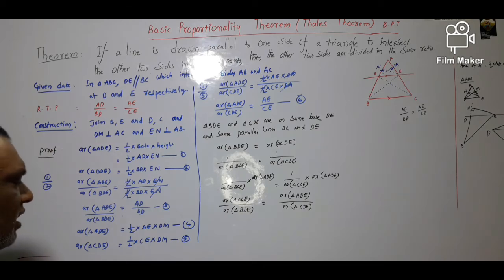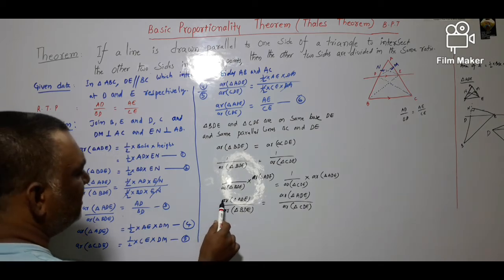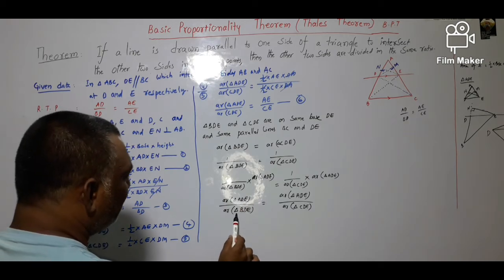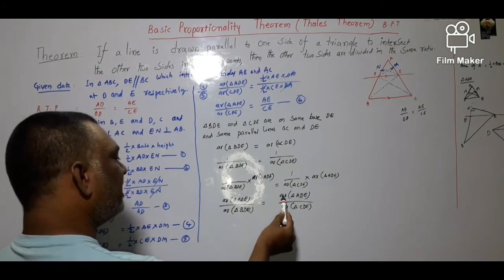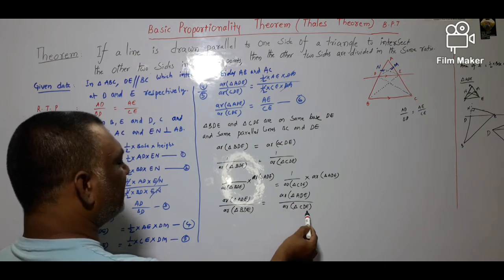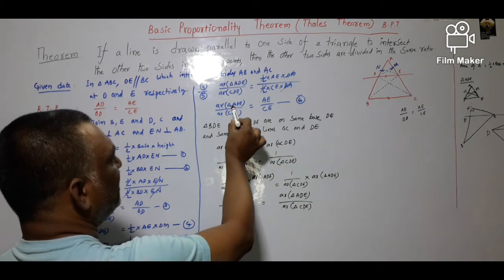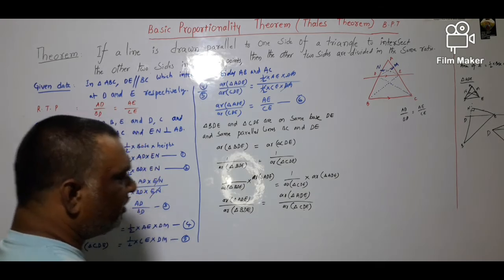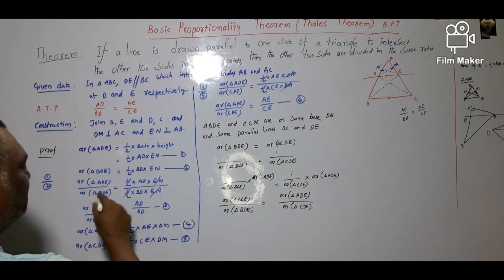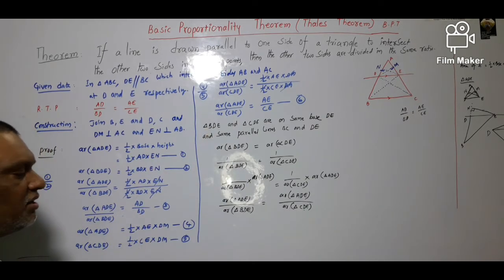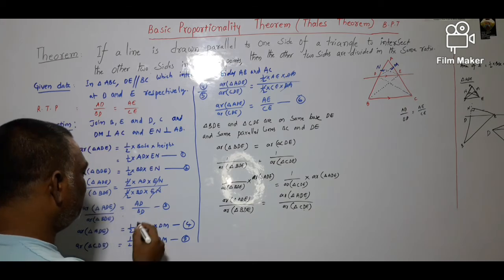Look, area of triangle ADE by area of triangle BDE is the same as in equation 3. Next, area of triangle ADE by area of triangle CDE is the same as in equation 6. Left hand sides are equal, so automatically the right hand sides are also equal.